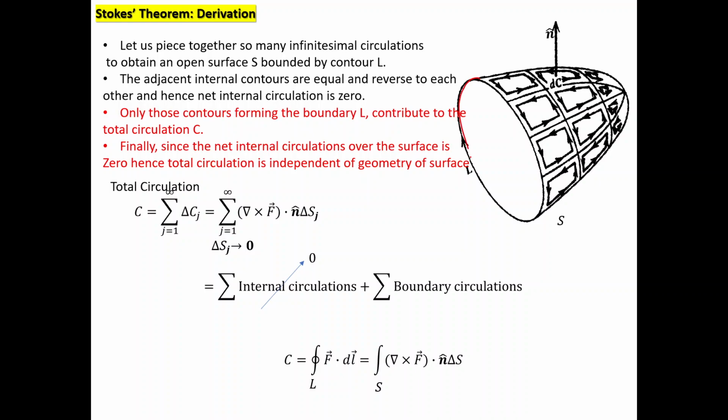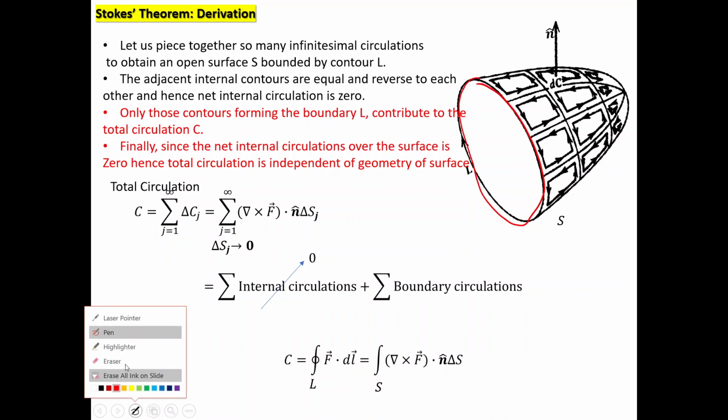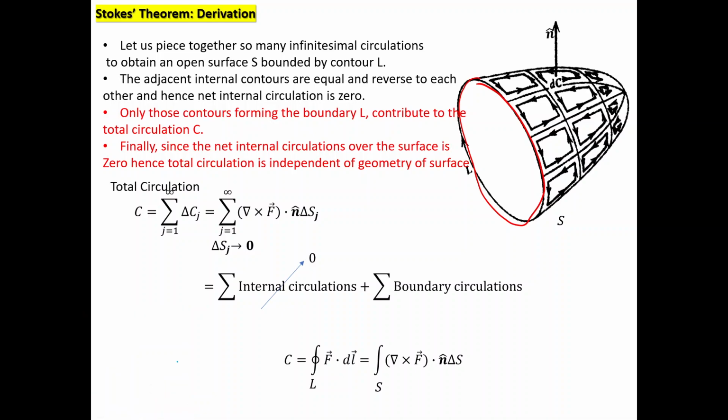Suppose for the same boundary, we had another surface whose geometry is like this one. In this case also, the total internal circulation would have been 0. Let's say we take another arbitrary surface.